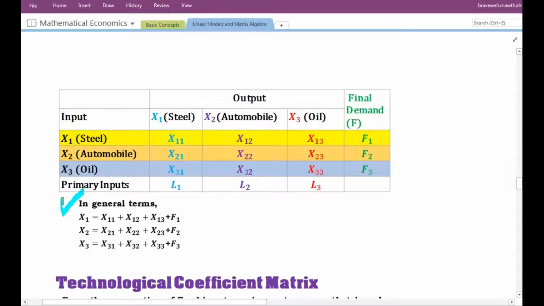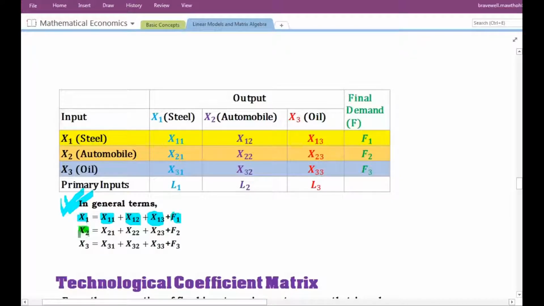So let us frame the table in equation form. So output of the first industry is being demanded as input by the first industry, by the second industry, by the third industry, and also part of it is being demanded as final good.